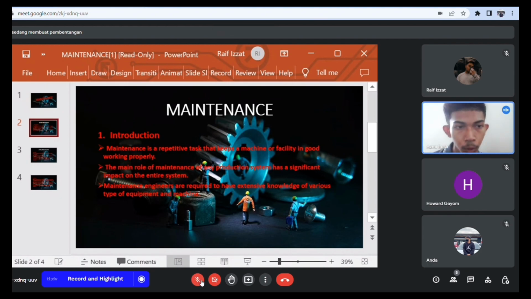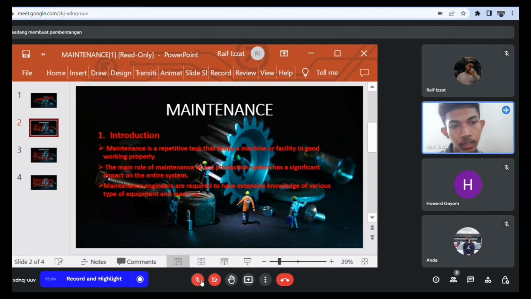If appropriate maintenance procedures are not provided for certain settings, it will cause problems with the machine, either over maintenance or under maintenance.